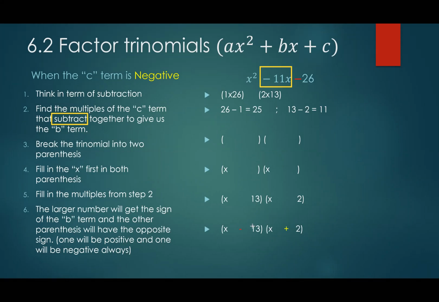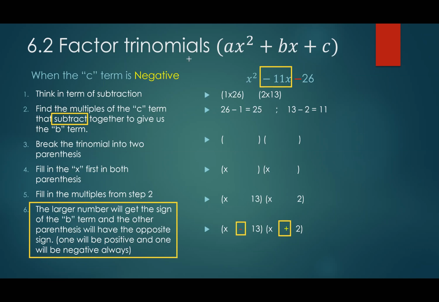Because again, remember, same sign I add, opposite sign I subtract, and when I subtract, I keep the sign of the larger number. So the larger number will always get the sign of the B term, and the other one will be opposite. If the 11 is positive, the 13 will be positive, and the other one will be negative.